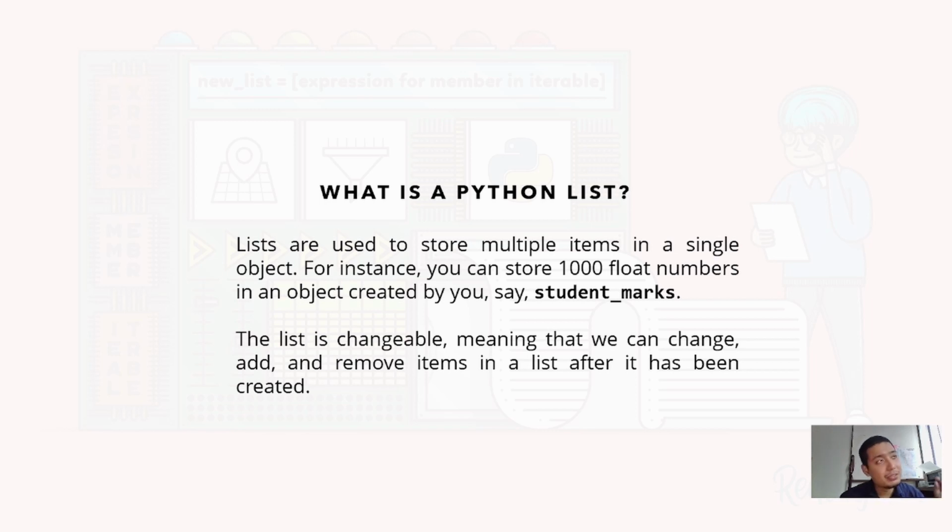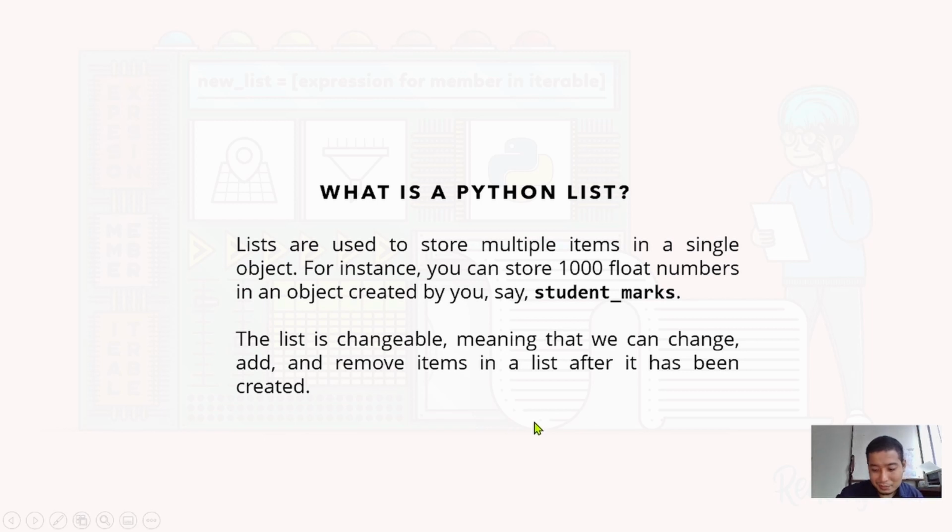Let's say you create a list, firstly you create an empty list, and then you add a new item into the list, and then you add another 5 items, and so on. So it is changeable. The meaning here is direct and intuitive, so I hope you are able to understand the meaning of changeable here.